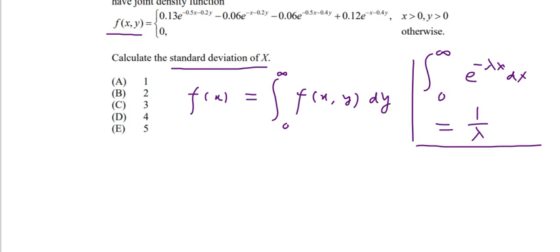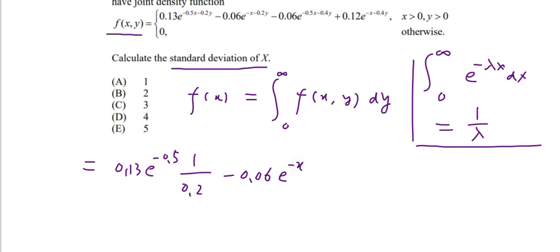Okay, so we can put this as negative 0.5x, so therefore this dy, 0.2y, so this is 0.2. And 0.06 is negative x, here 0.2 is just 0.2, so minus 0.06 is negative 0.5x, and here is 0.4.